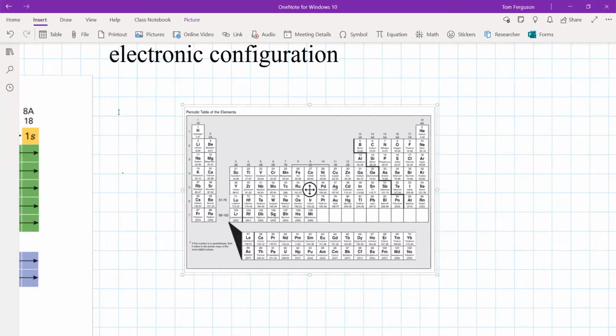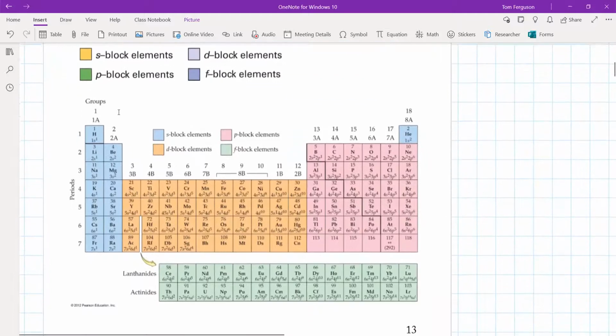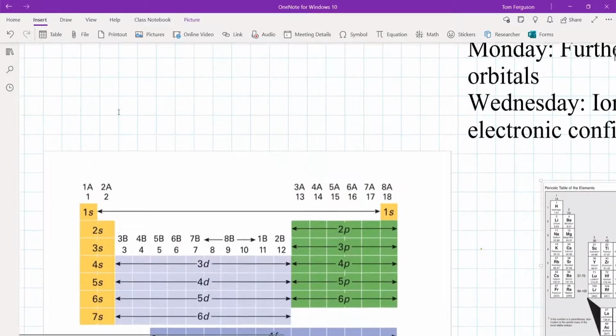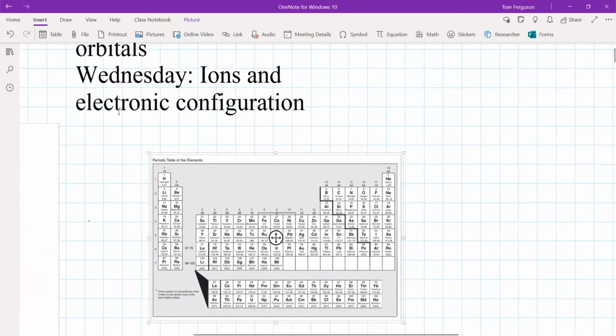Okay, so here's a periodic table, and it does not have any of the configurations on it like this. What I want to do is show you how those were derived. As a review from last week, let's choose something like helium. Helium has 2 electrons, and we want to know what those electrons look like in terms of the configuration.